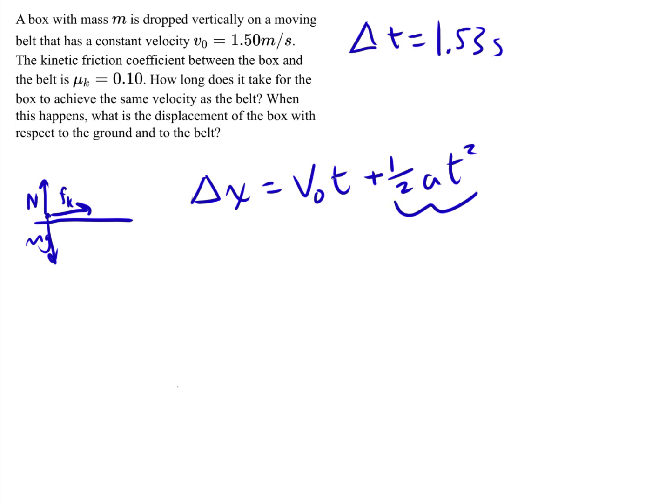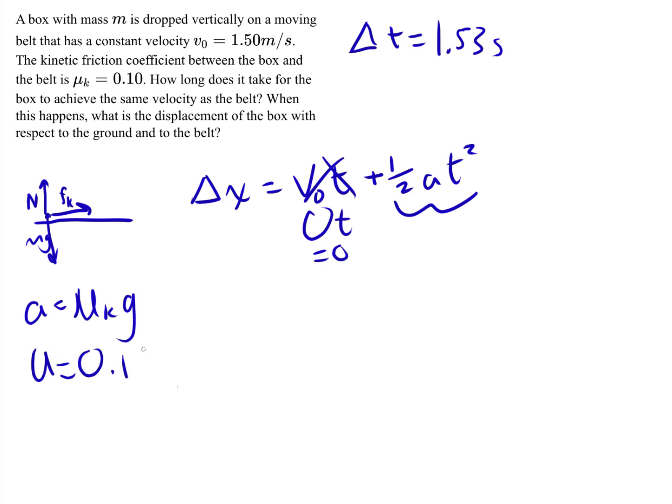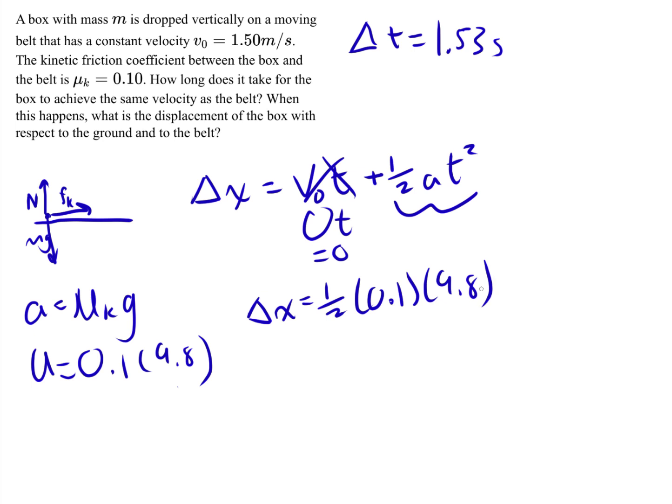We really just need this second part since the box starts out with 0 velocity, and the first part of the equation is simply equal to 0. And remember, the acceleration we figured out was the coefficient of kinetic friction times the gravity, or 0.10 times 9.8. So if you plug all the numbers in, it is equal to 1/2 of the acceleration, 0.1 times 9.8, times the time interval squared.